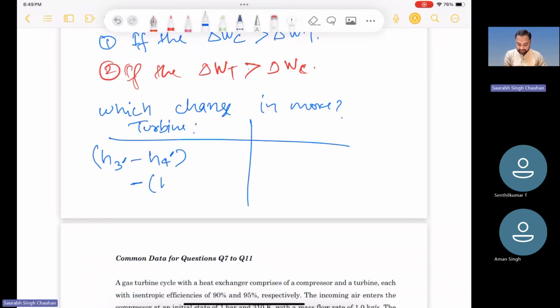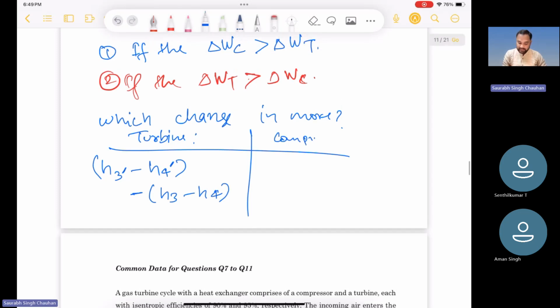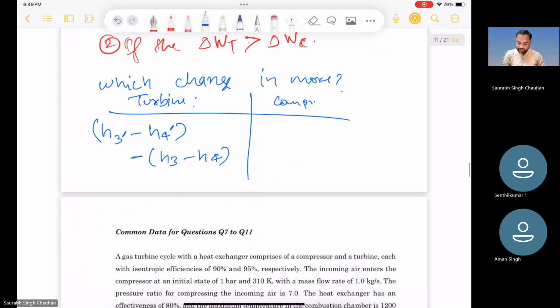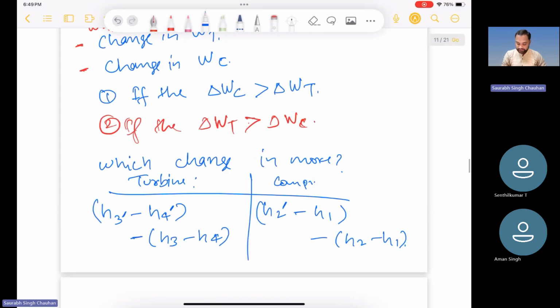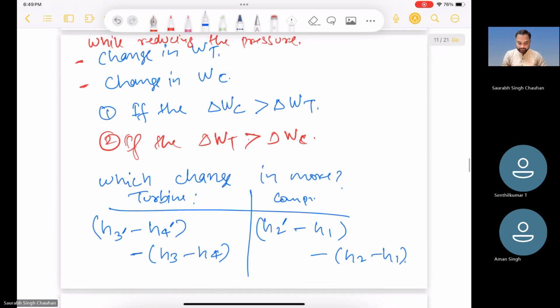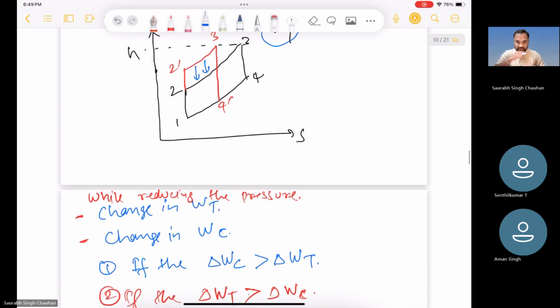And now it is H3 minus H4. And change in compressor work, initially it was H2 prime minus H1, and now it is H2 minus H1, right?